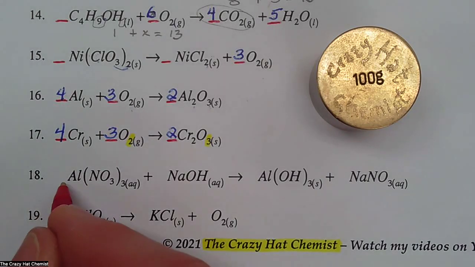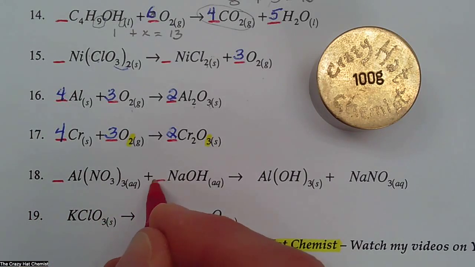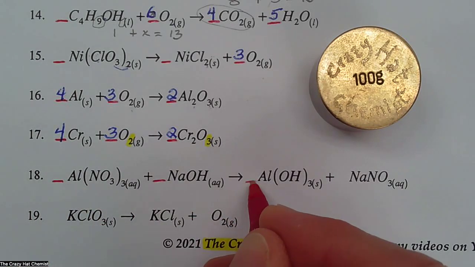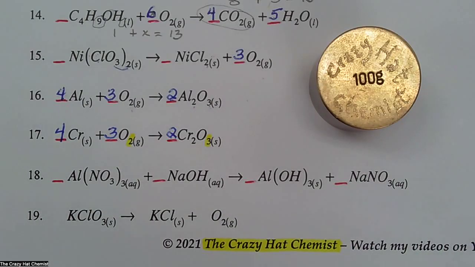That's number 17. Number 18, we have aluminum nitrate plus sodium hydroxide produces aluminum hydroxide and sodium nitrate. Okay, this is a double displacement reaction. Where to start? I would start with the most complicated formula with the most unusual elements, but it doesn't really matter.